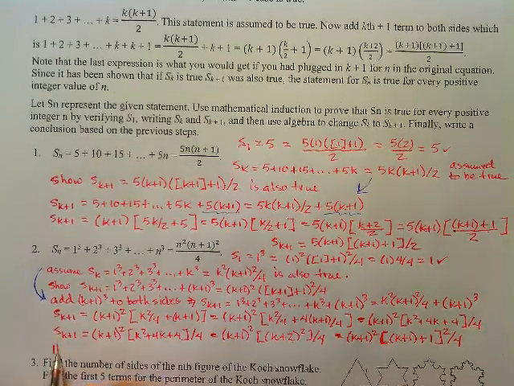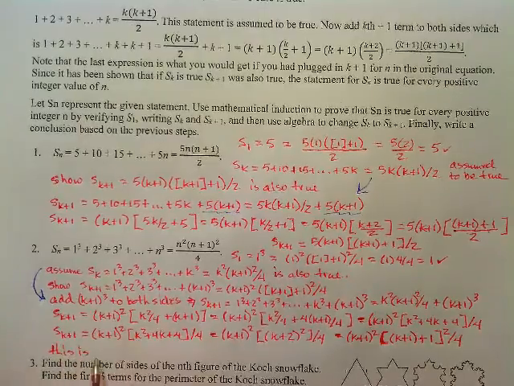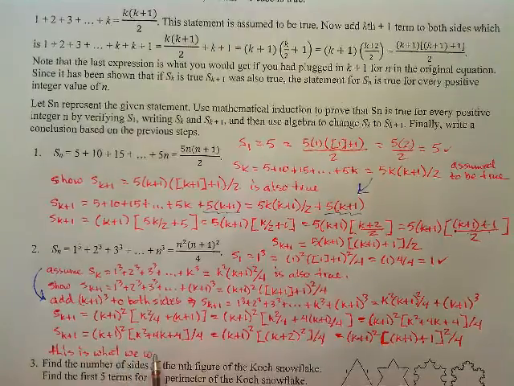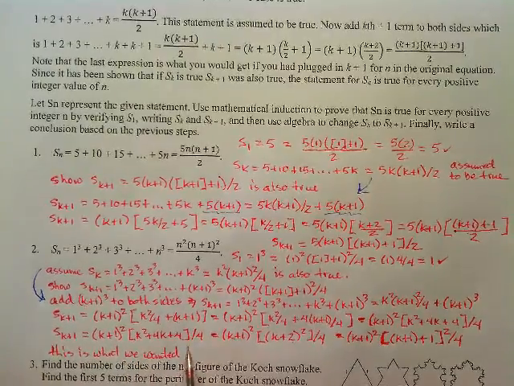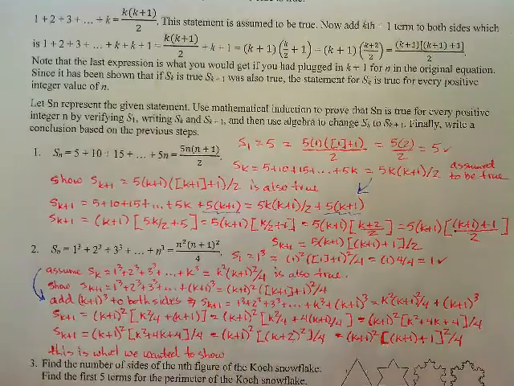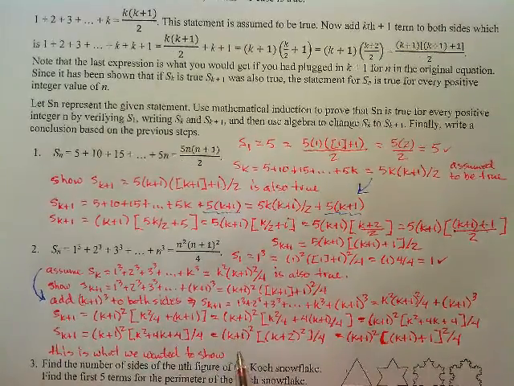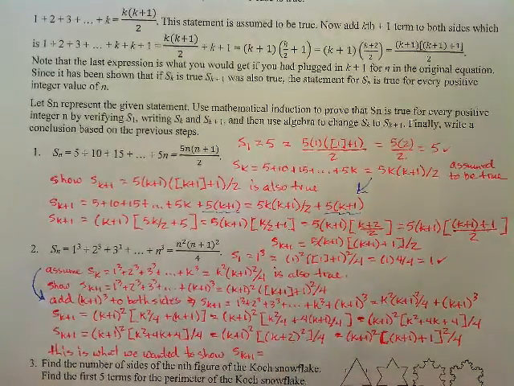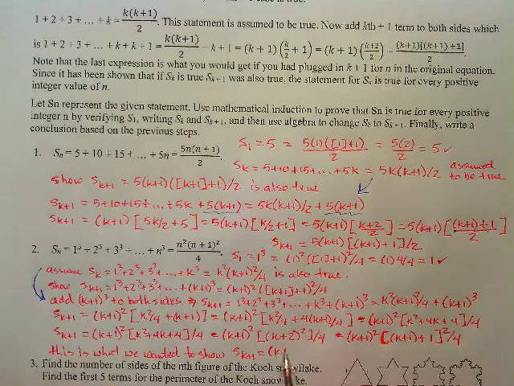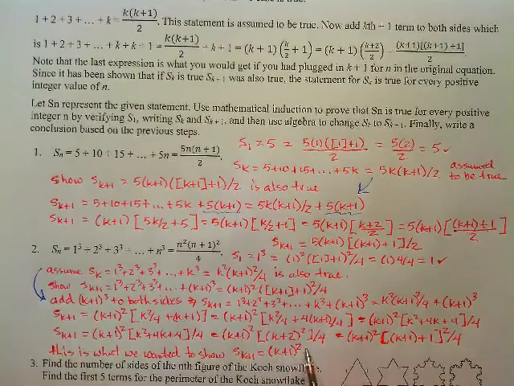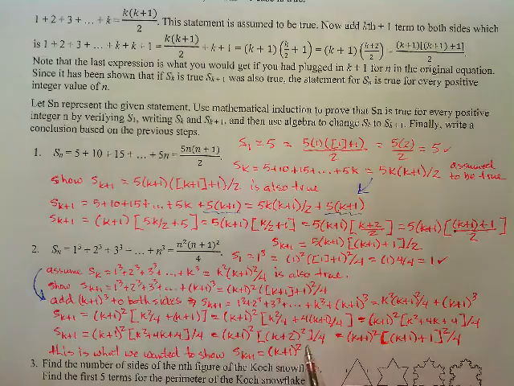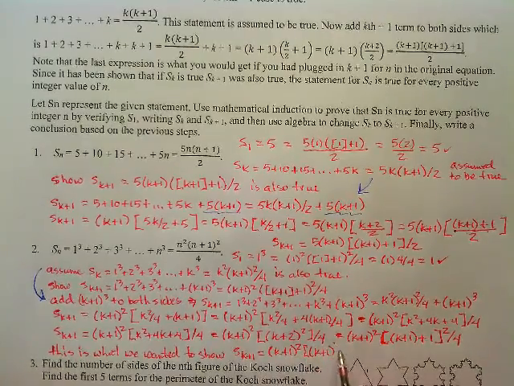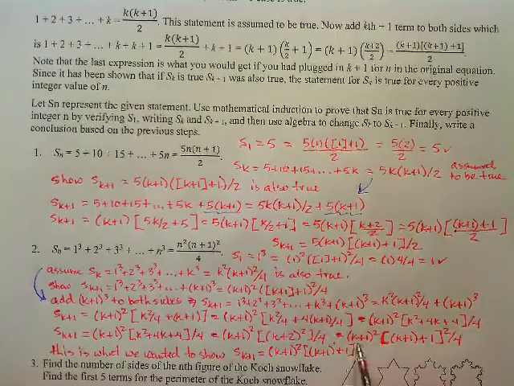And this is what we wanted to show. Because we ended up with S sub k+1 equals (k+1) squared times (k+1+1) squared over 4.